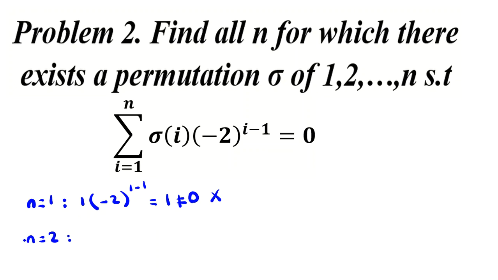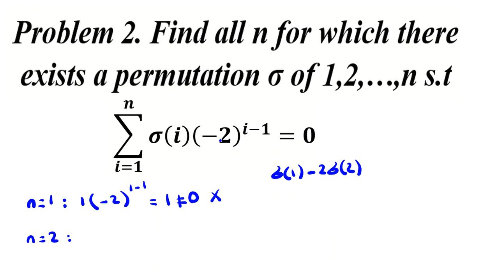For n=2, if we consider 2, 1, let me write this. Sigma 1 times (-2)^0 is sigma 1, and then for i=2, it will be sigma 2 times (-2)^(2-1), so negative 2 sigma 2.